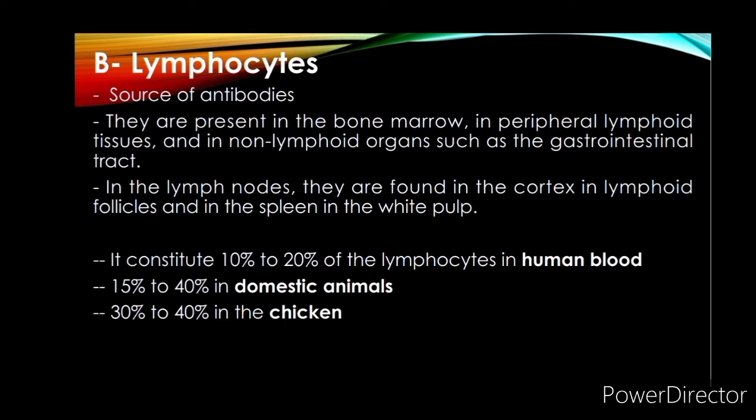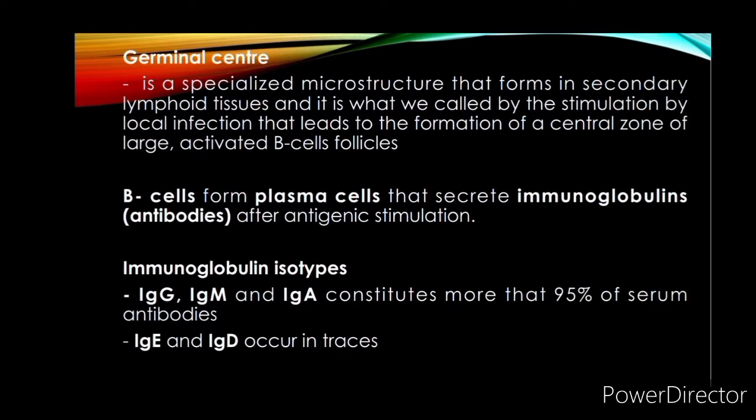So, stimulation by local infection leads to the formation of a central zone of large activated B cells in follicles called a germinal center, which is a specialized microstructure that forms in secondary lymphoid tissues.